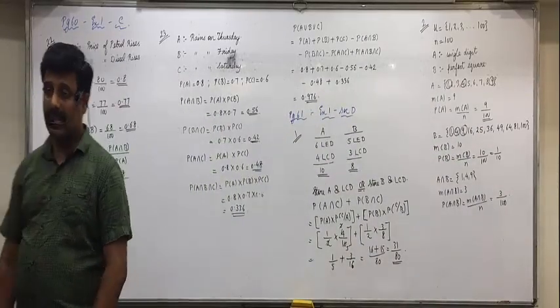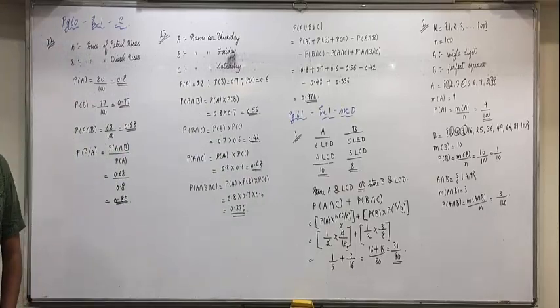Is everyone clear with all these probabilities? Raise your hand if you are still writing up till A intersection B.